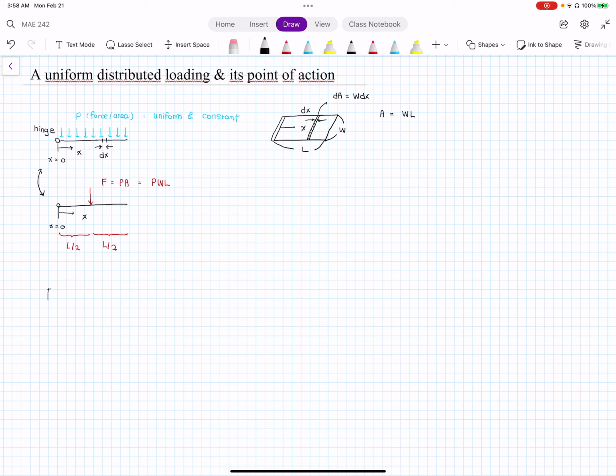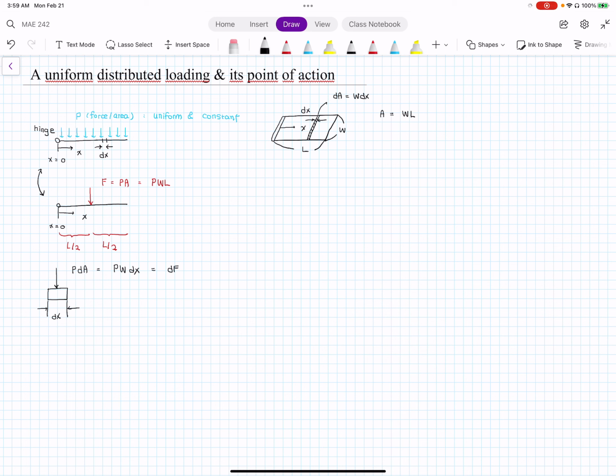So here is my element, and its width is dx. On the top surface, I have a force applied by the uniform loading. The loading is P, its area is dA, and dA is W times dx. So this is the force applied to the top surface of this element.